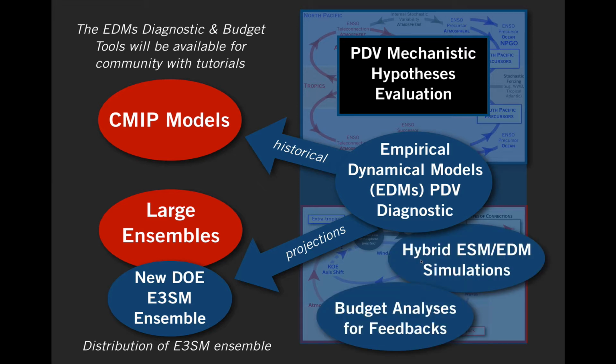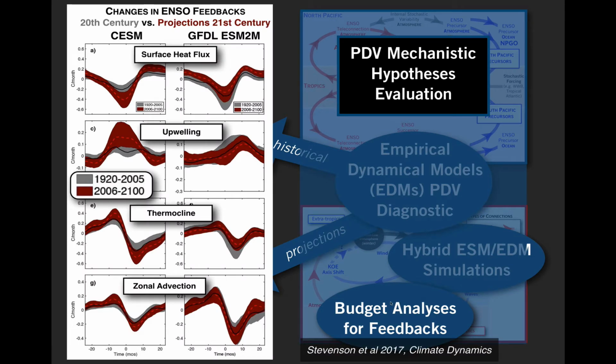One is a set of hybrid simulations that couple an Earth system model with an empirical dynamical model, and this allows us to test specific links that are outlined in these hypotheses. And the next one is also a budget analysis for the feedbacks that are important in energizing the variance. In particular, this is an example from a recent paper by Sam Stevenson in 2017, where she analyzed how the changes in ENSO feedbacks are different between the 20th century and the 21st century in two large ensembles.